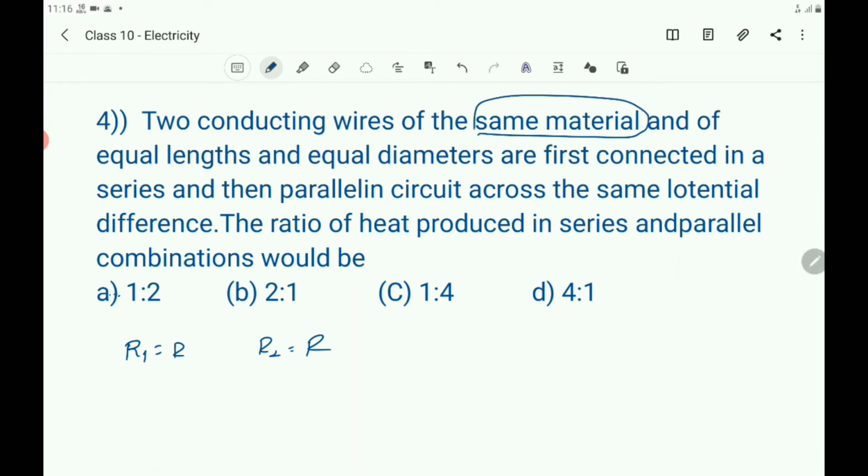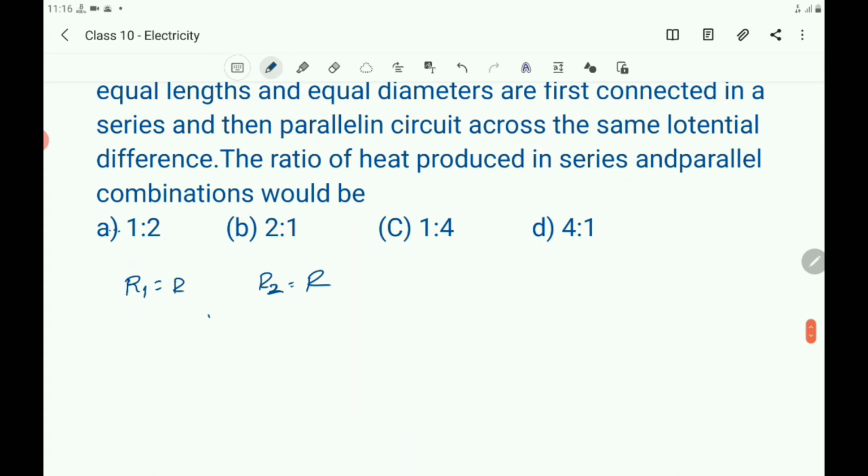Same material means they are having same resistance. Then R1 plus R2 in series, you know that R1 plus R2 is equals to what? R plus R, that equals 2R you will get.